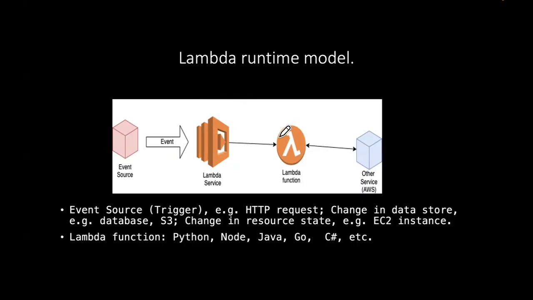And the Lambda function does its thing, which may invariably involve talking to some other services, because all of the other services provide an SDK, software development kit, and we simply use that SDK to communicate with that other service. We also know that all of the services provide a web API interface.